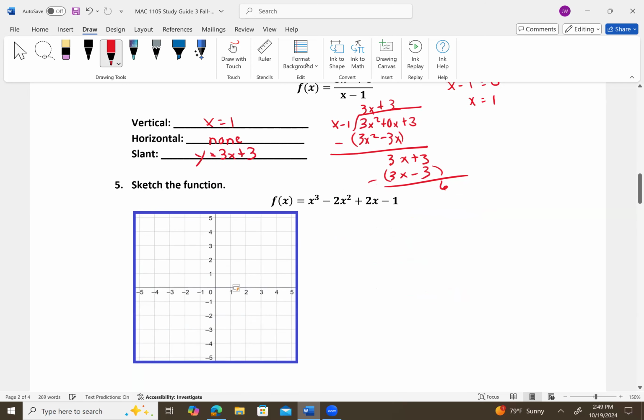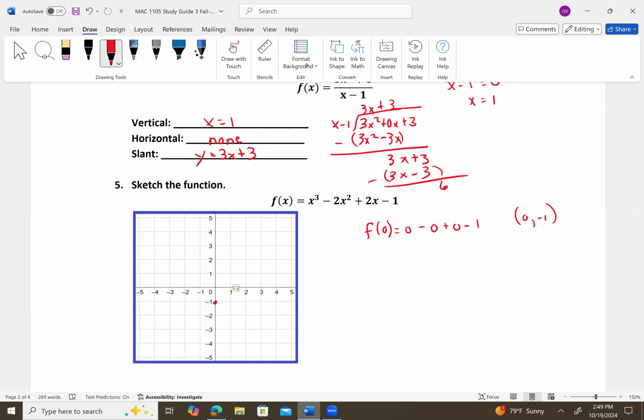Okay, graphing a function. Find me 2 points. Find me f(0), which is 0 - 0 + 0 - 1. So the point (0, -1) is on the graph.